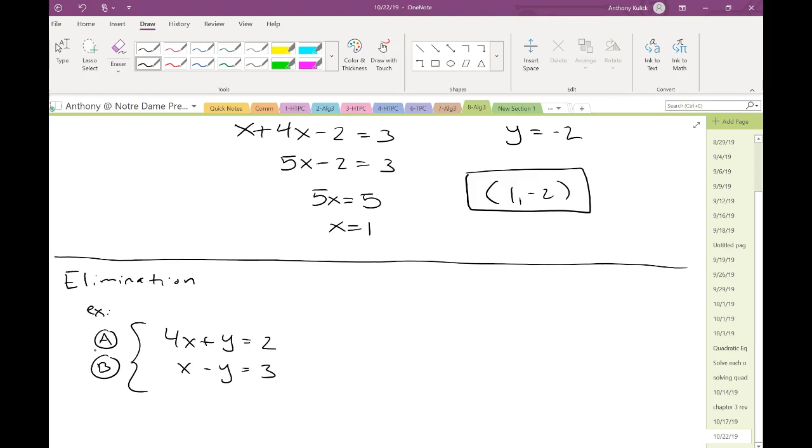So if I look at the 2 equations right now, what do you notice about the variables?